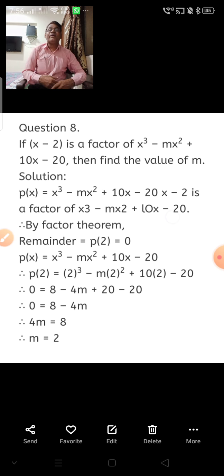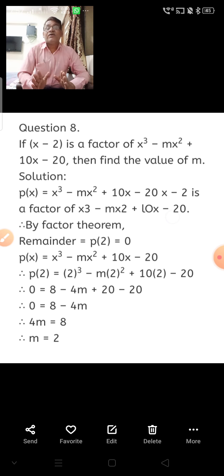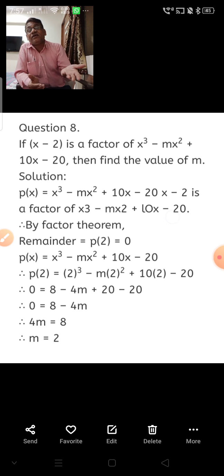Now in question number 8, see, if x minus 2 is a factor of x cube minus m square plus 10x minus 20, then find the value of m. Okay, see here, x minus 2 is a factor of x cube minus m square plus 10x minus 20.